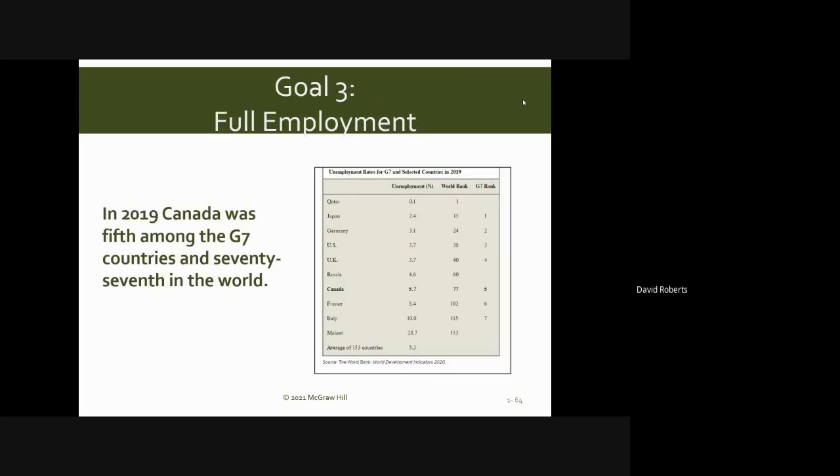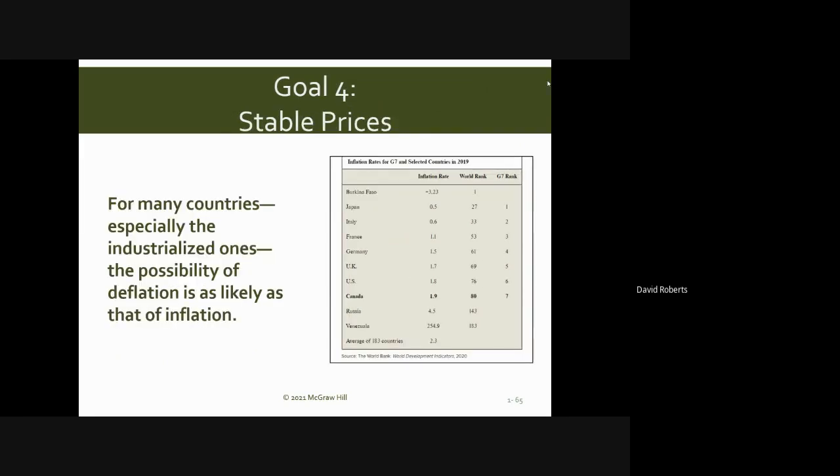Fifth, when it came to full employment. So we could certainly be doing a better job of making sure that people have jobs, again, if they want. And we will talk about different types of unemployment in upcoming chapters. In this particular case, stable prices, we ranked last as far as the inflation rate in 2019 and 80th in the world.